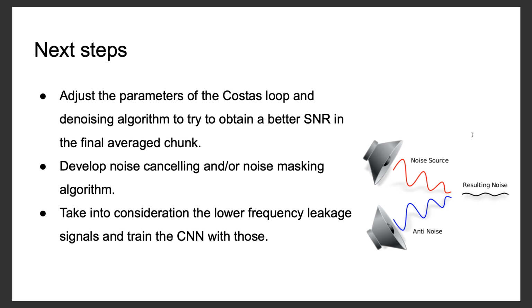Then maybe develop a noise cancelling or noise masking algorithm. I was only talking about the range from 20 to 30 kilohertz, which is the main focus of the paper. But they also mentioned the range from 2 to 30 kilohertz, and they tried to use it in one of their use cases.